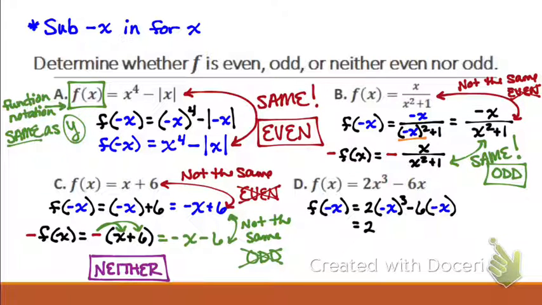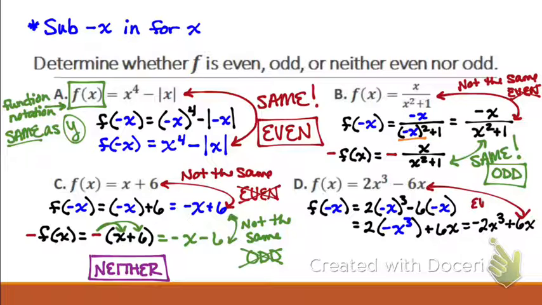So this would be 2 times negative x cubed, and then I would have plus 6x. So negative 2x cubed plus 6x. Is that what I started with? No. So this is not even.